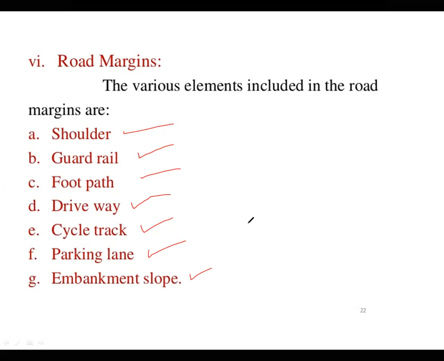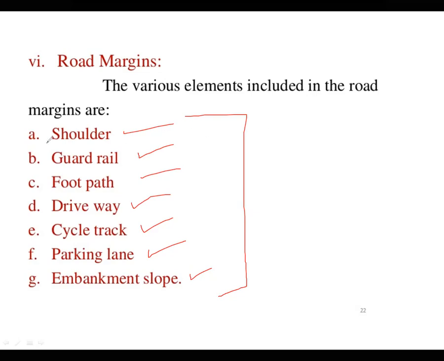Most of the time we wonder how the whole road width could be 60, 30 or 50 meters. It is because it includes all these widths along with the carriageway width, so the whole width becomes a major value which defines the roadway width.